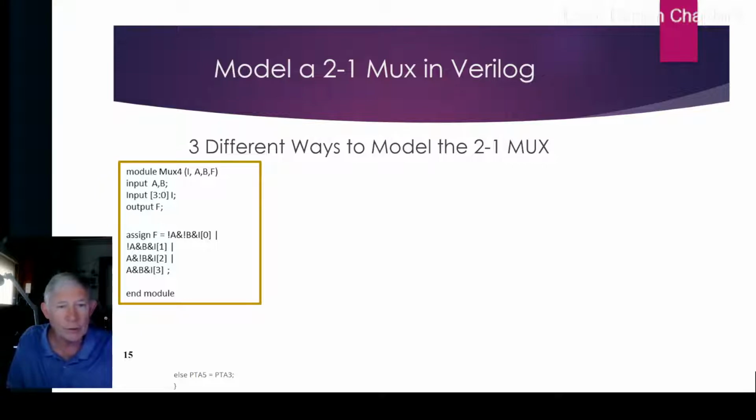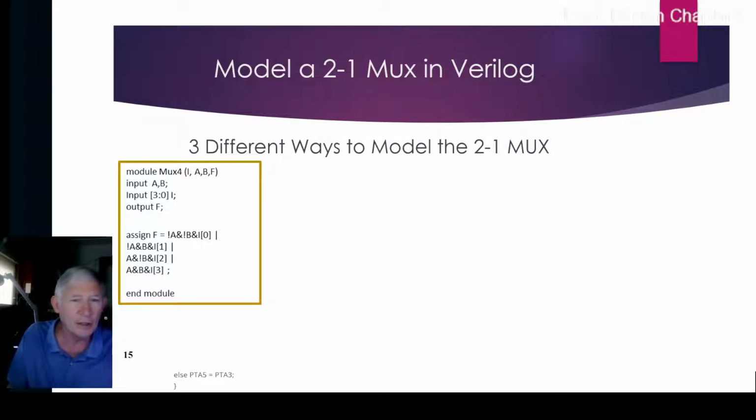Then here's our assignment statement. This could be all on one line, but it wouldn't fit in the box very well. If you look at this, we're using the logical operators for the logical inverts and the bitwise, which is probably wrong. We probably should use all logical or all bitwise. But anyway, that's what I did. For a single bit, it doesn't matter.